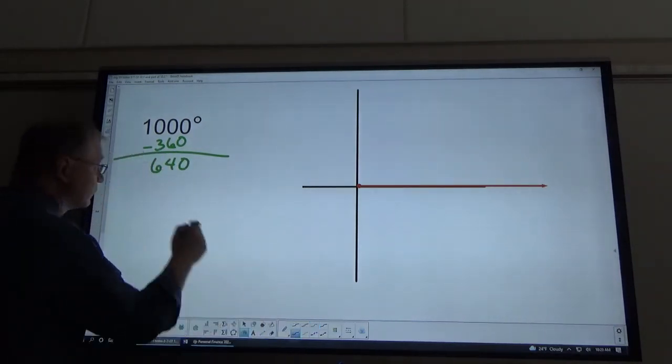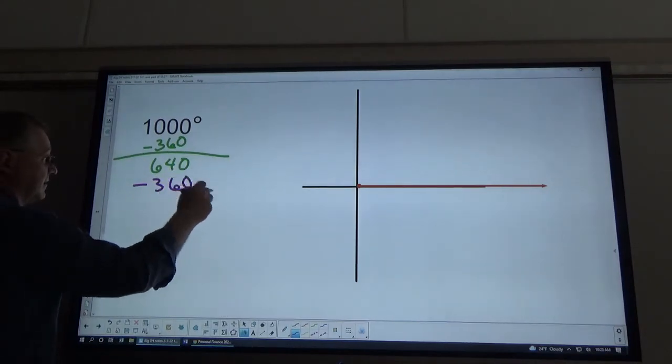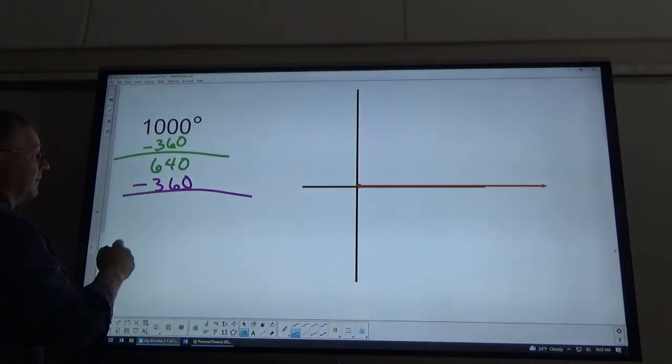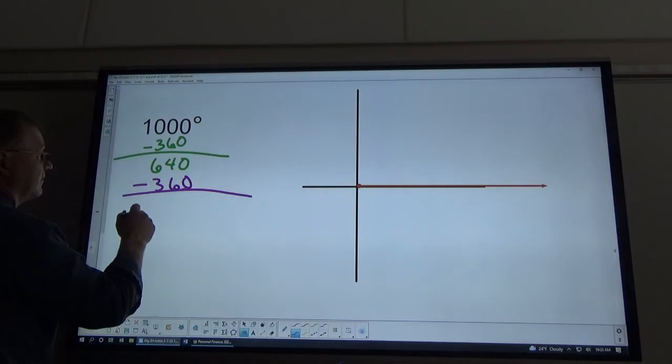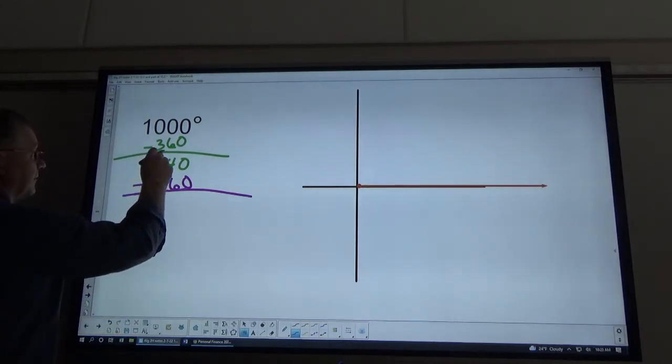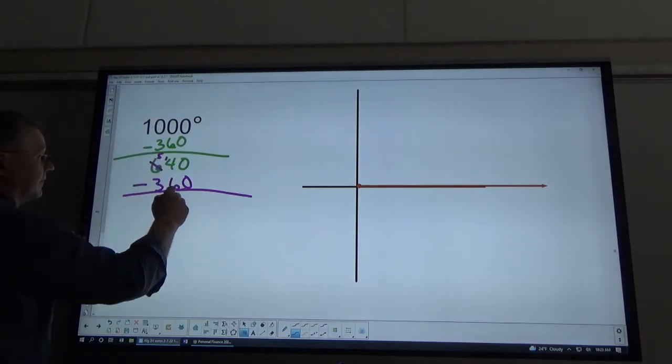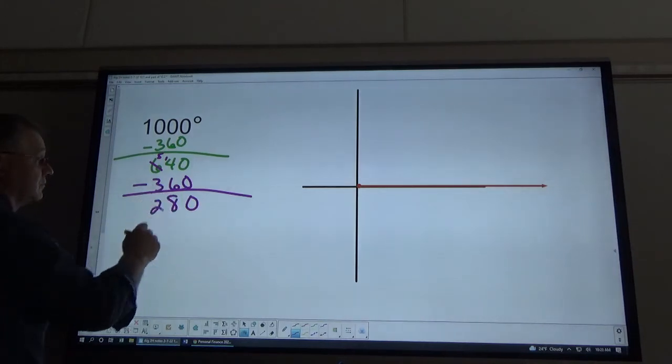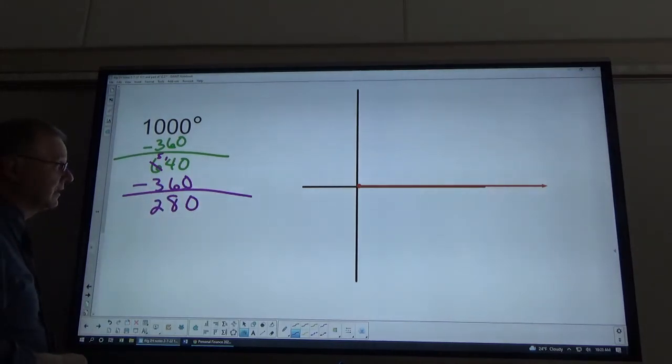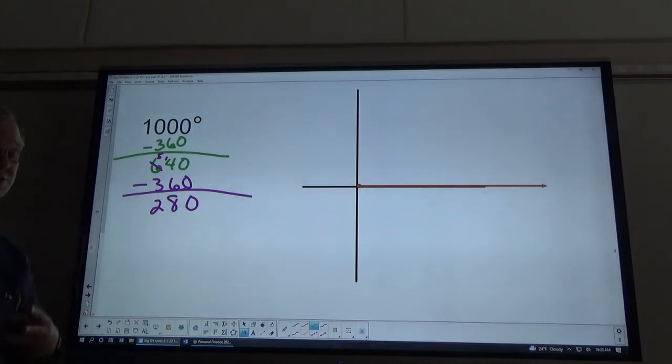And then if I subtract another 360, that would be 280 degrees. Okay, so two full times around and then another 280. 270 is 3/4, so 280 is just 10 degrees more than 3/4.